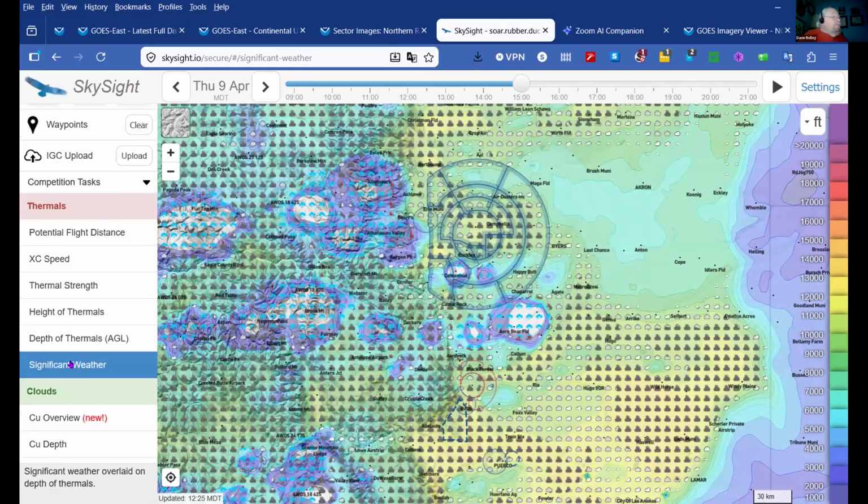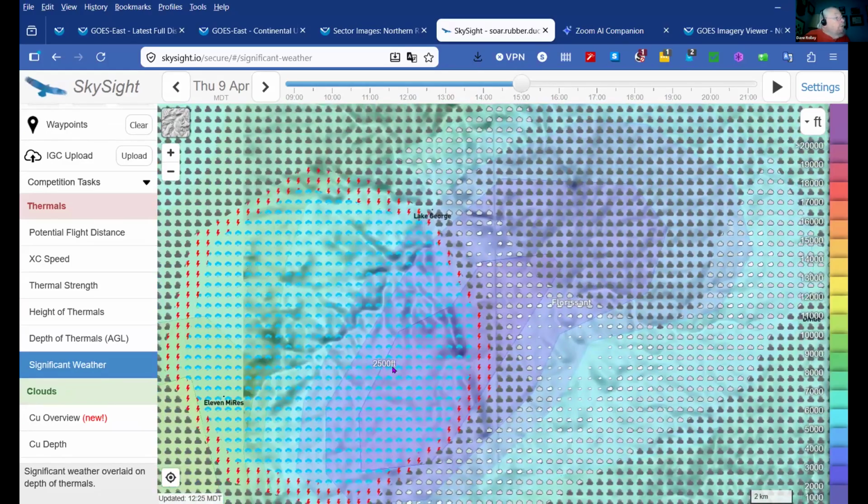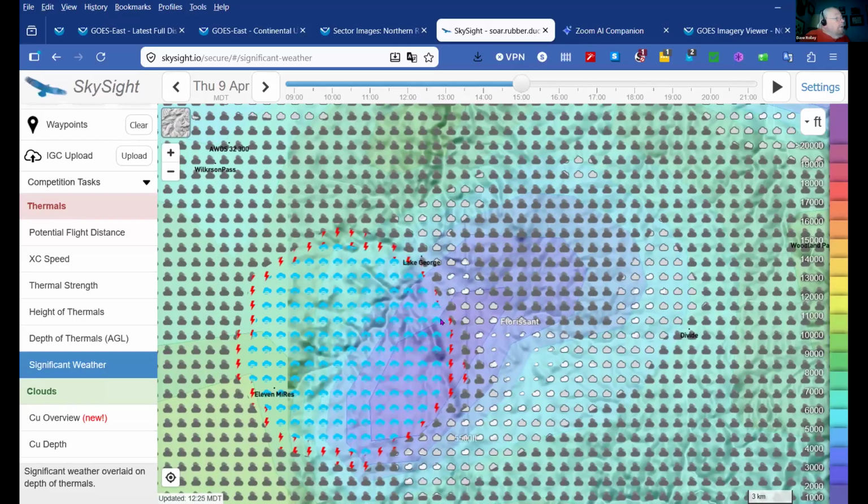And then here's another one. They call this one significant weather. So probably no clouds out here, some clouds building where they're partial and white. Partially overcast as it goes dark. It's definitely overcast. And in this case, we're going to zoom in right here. You can see the idea of lightning.